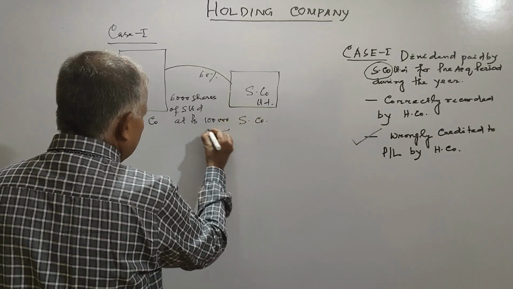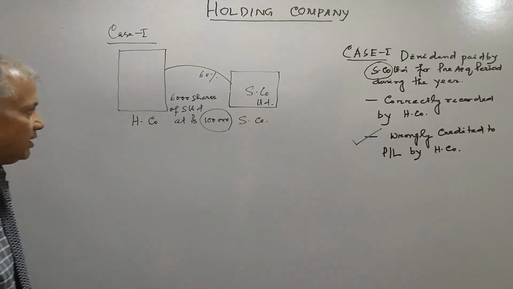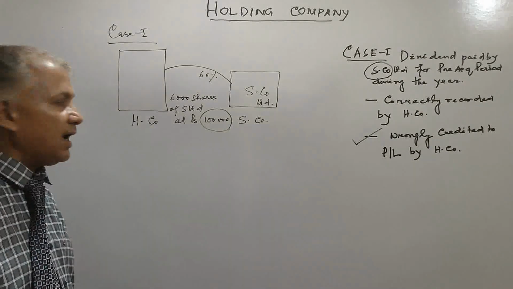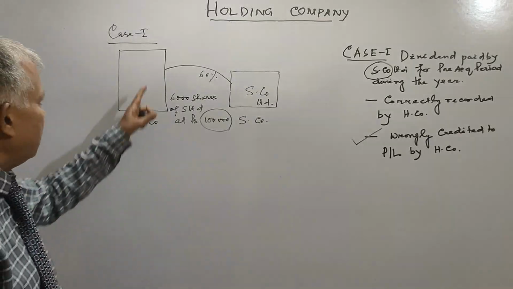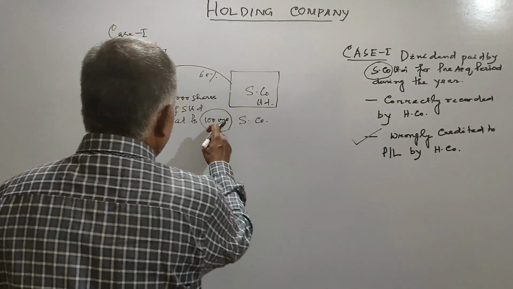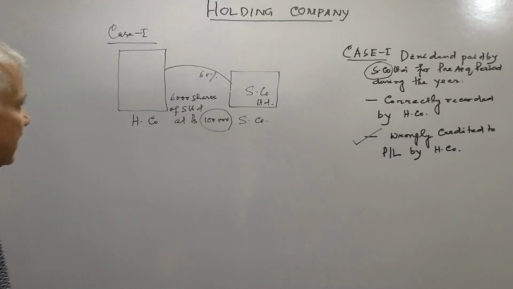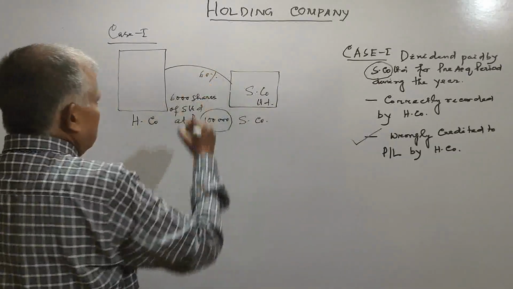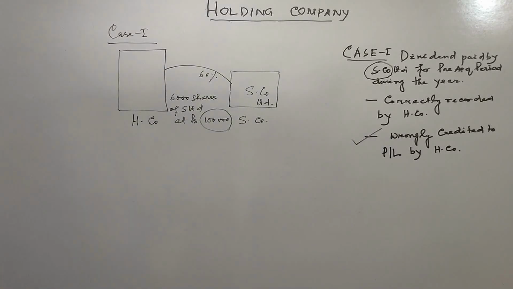So in the asset side of the holding company, you will see there is an investment of rupees 1 lakh, and the degree of holding is 60%.